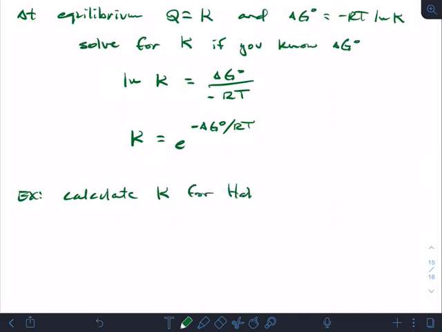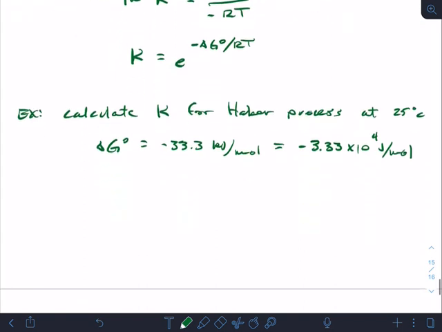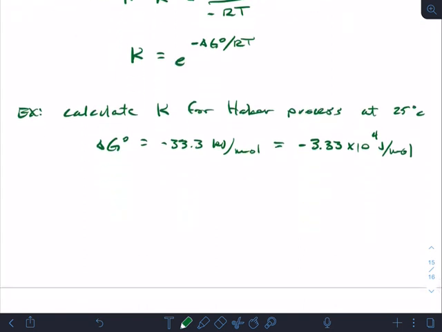Okay? So let's calculate K for the Haber process at 25 degrees C. Delta G standard we know is negative 33.3 kilojoules per mole. We're going to convert that to joules just to make it easy because R is in joules. So that's negative 3.33 times 10 to the 4 joules per mole.